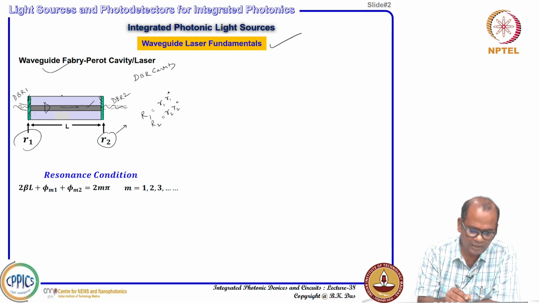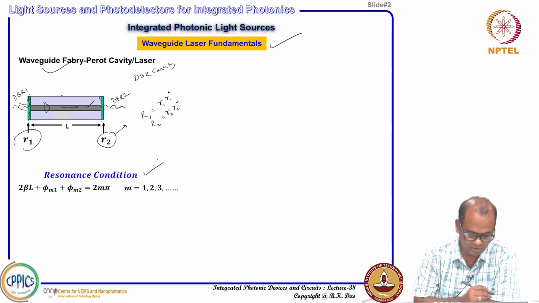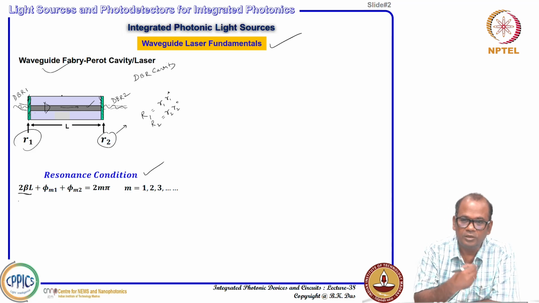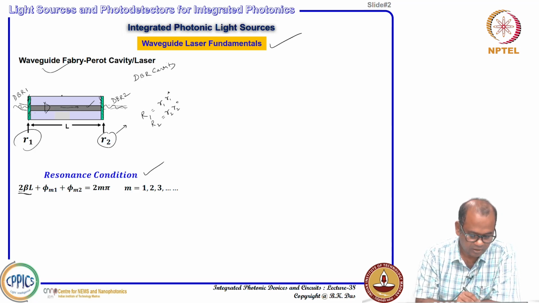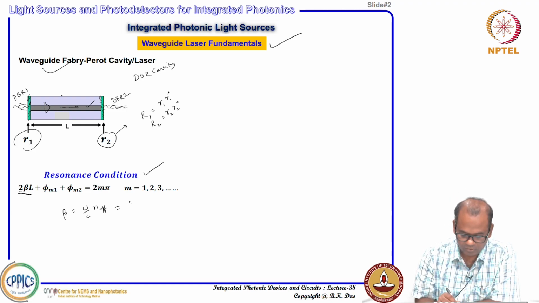And then we know this Fabry-Perot cavity standard resonance condition we discussed earlier, just reproduced here: the phase acquired because of the round trip travel. Okay. So, for one round trip, beta is the propagation constant defined by beta equals omega over c times n effective, which can also be written as 2 pi by lambda times n effective.